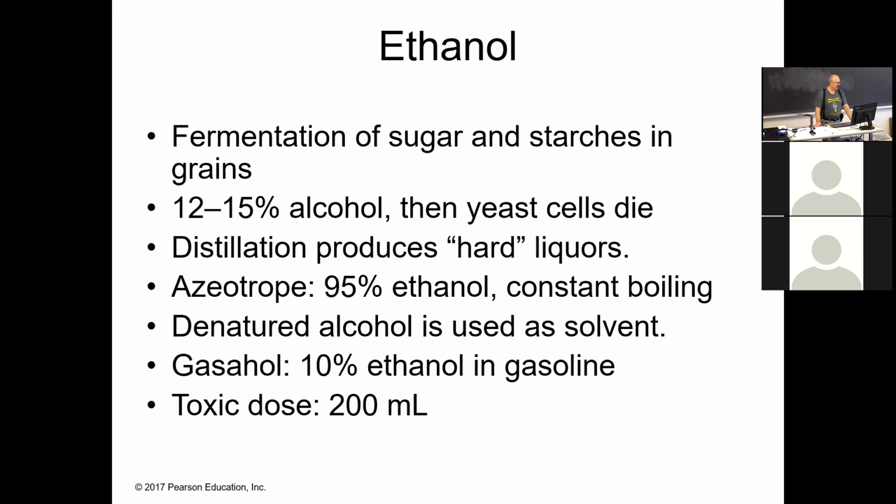Wines, for example, will contain approximately this percentage of alcohol. Other alcoholic beverages, which contain higher percentages, require distillation. Okay, things like vodka, bourbon, whiskey, and many others.